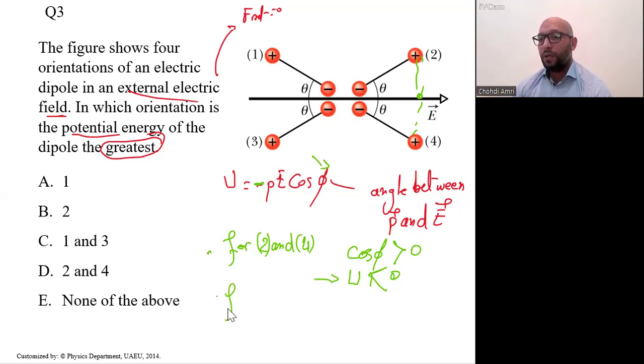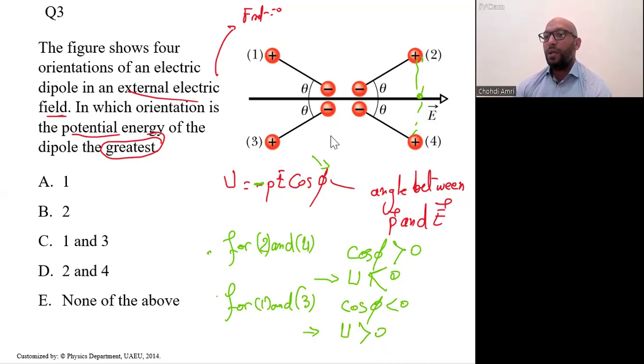Now let's talk about 1 and 3. The cosine of phi is negative, so that means the potential energy is positive. What do you think about the cosine of these two angles? Yes, of course, it's the same. Why?